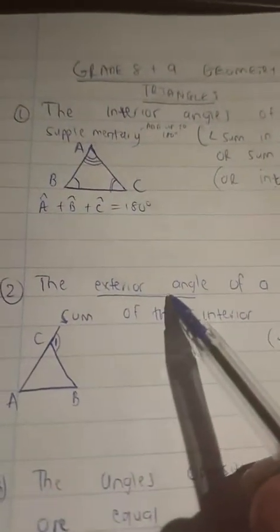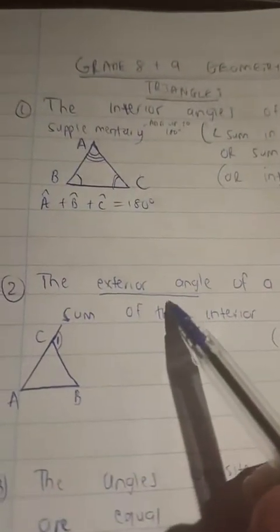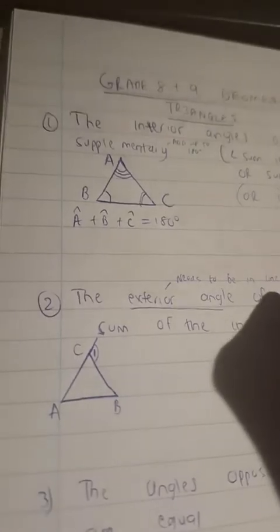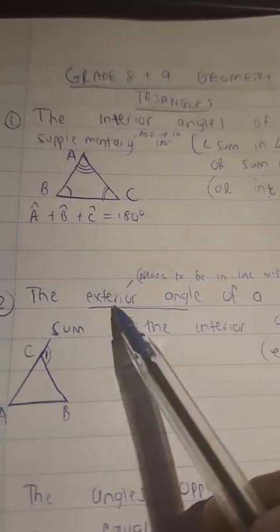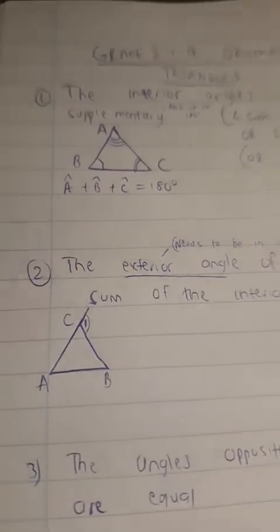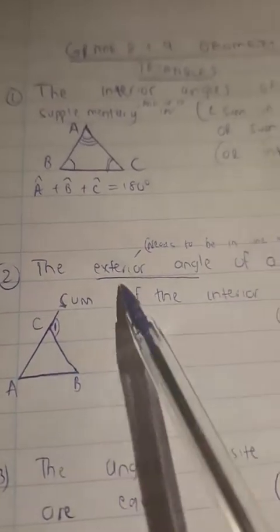Something important here is that the exterior angle that you're talking about needs to be in line. And I want to explain that because we must not think that it is any outside angle.